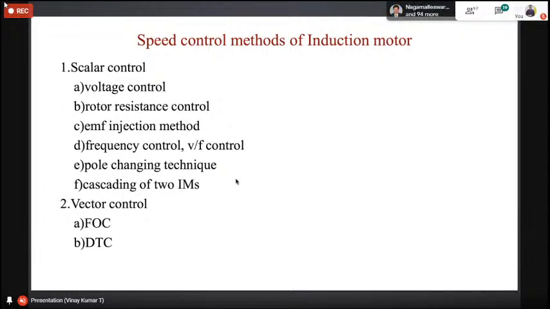Come to vector control. By using vector control we can improve the dynamic response. There are two methods that became very popular. One is the field orientation technique, another one is direct torque control. With the field orientation technique we can eliminate the nonlinear component. At the same time we can convert the AC machine characteristics similar to DC motor characteristics.